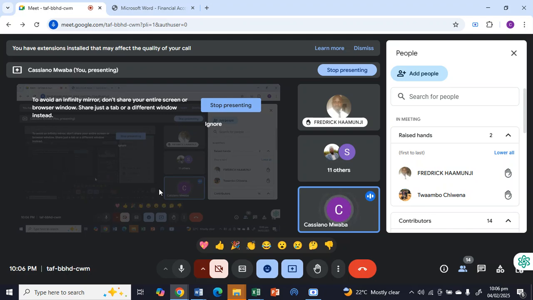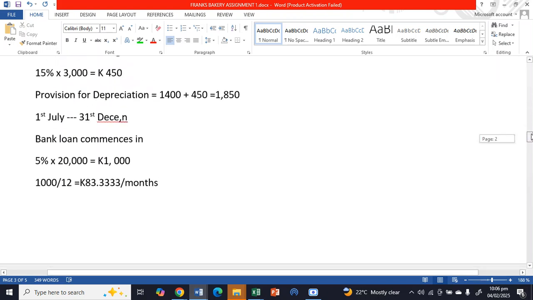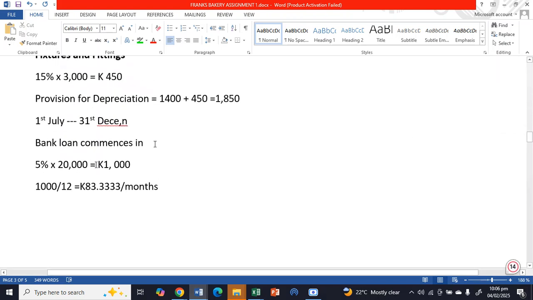To get the interest for the 6 months, step one, get the yearly charge, which we got as 1,000. Then get the monthly charge by dividing the yearly charge by 12.